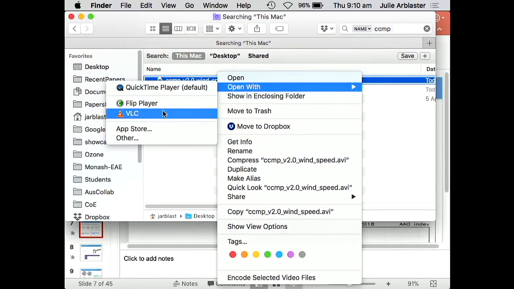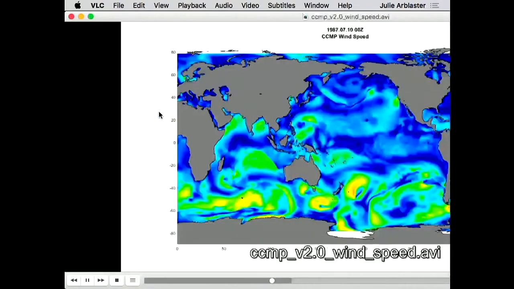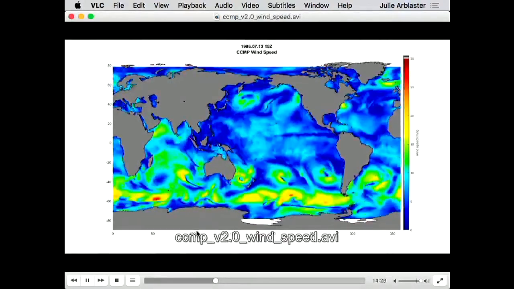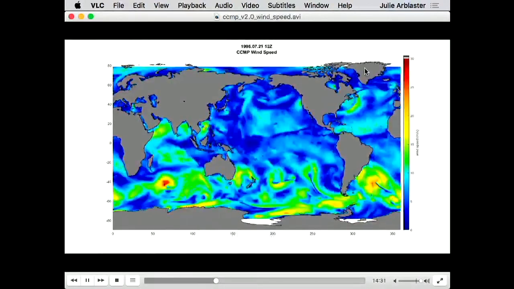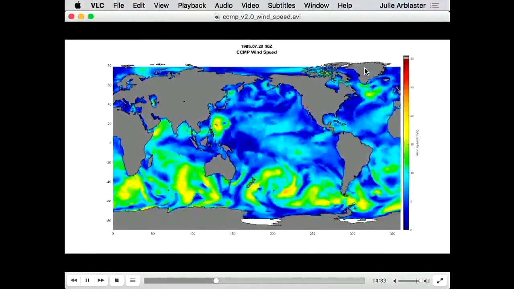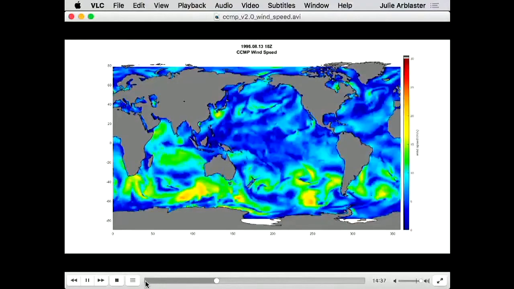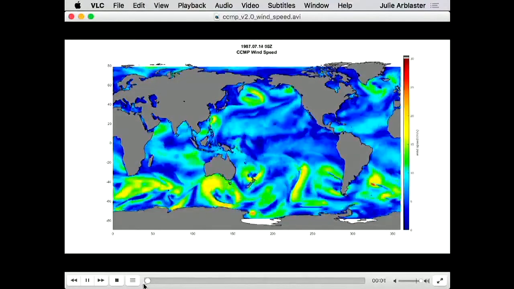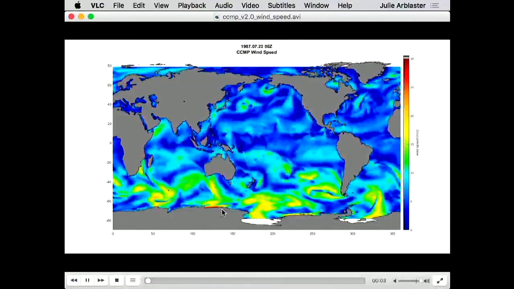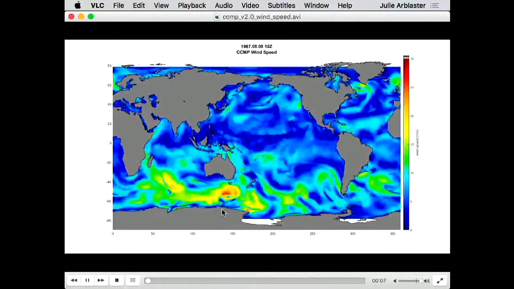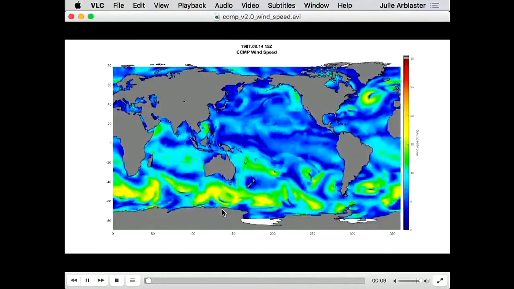There's this really nice satellite product of winds called the CCMP. You can just download these animations and the data. I think it's only available from 87 onwards. But it just shows you how strong the winds are in the Southern Ocean, and they're just really ripping across.